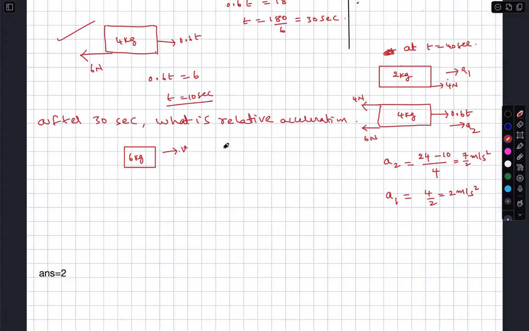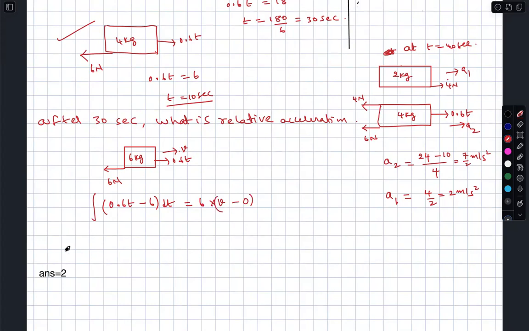So that velocity we will find right now. This is 6 newtons and applied force is 0.6t. So 0.6t minus 6 is the net force, times dt. Do the integration: 6 times v minus 0. You will get some v.